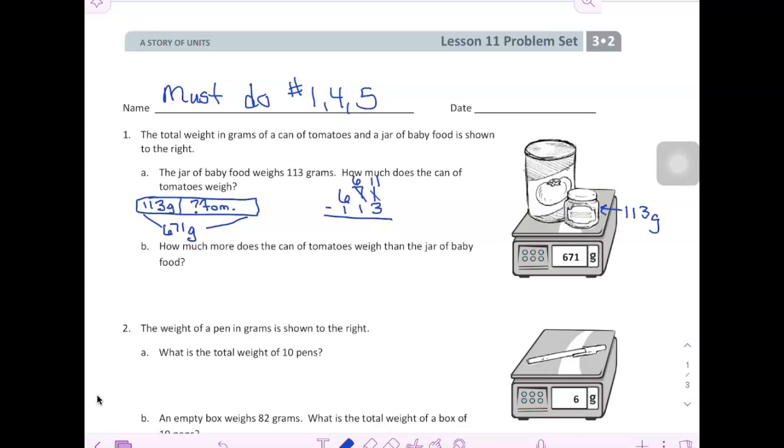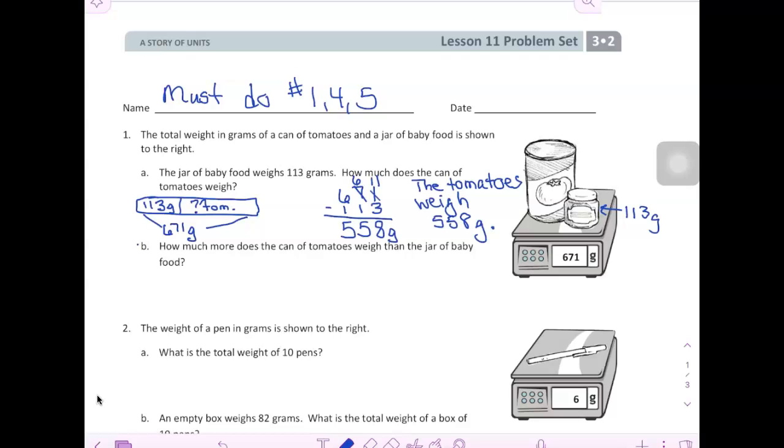And 11 minus 3 is 8. 6 minus 1 is 5, and 6 minus 1 is 5. So the tomatoes weigh 558 grams. There's my sentence.